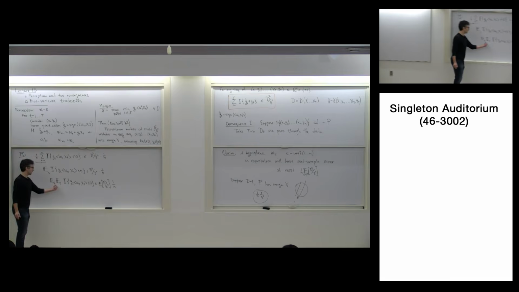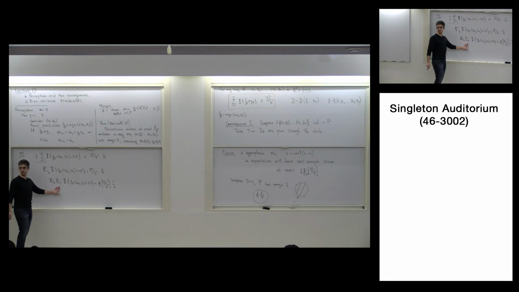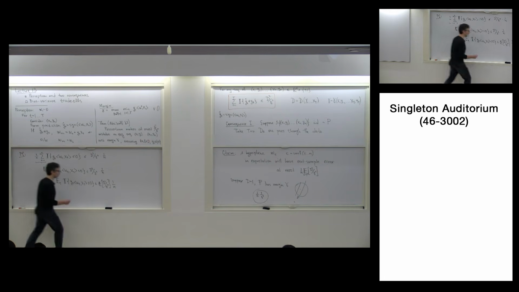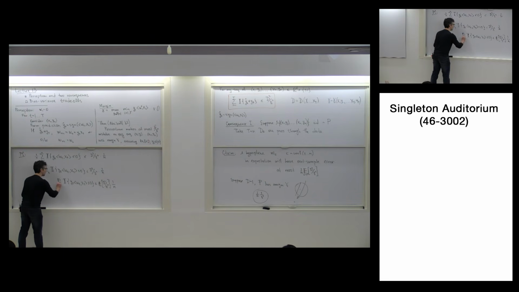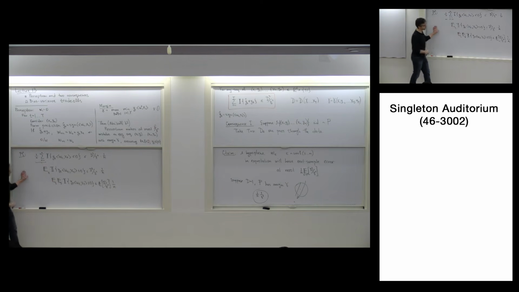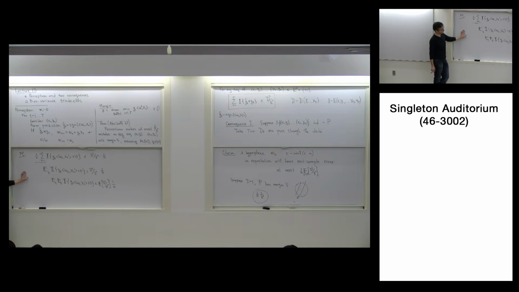Now I'm going to exchange the two expectations. I can do that. So let me do it in place. You can do it in your notebook. I haven't changed anything. Now comes a kind of tricky part. If you're very comfortable with probability, you will say, of course. And if you're less comfortable with probability, then you should go home and work it out.